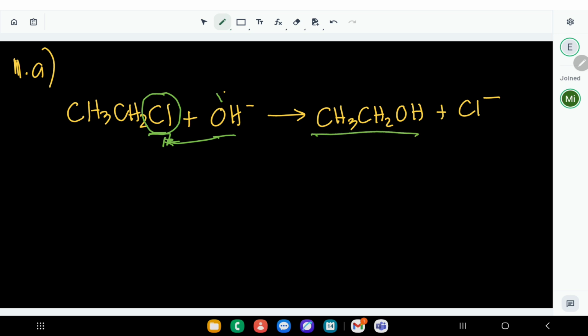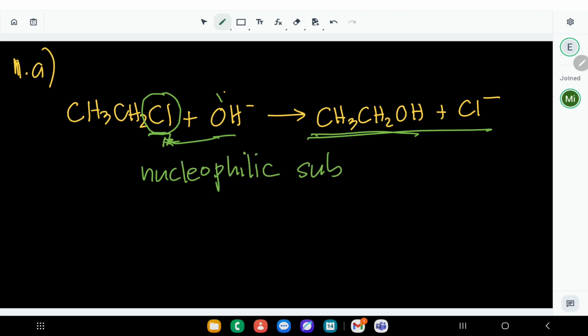So it produces this product. Okay. So this is like substitution, right? Nucleophilic substitution.